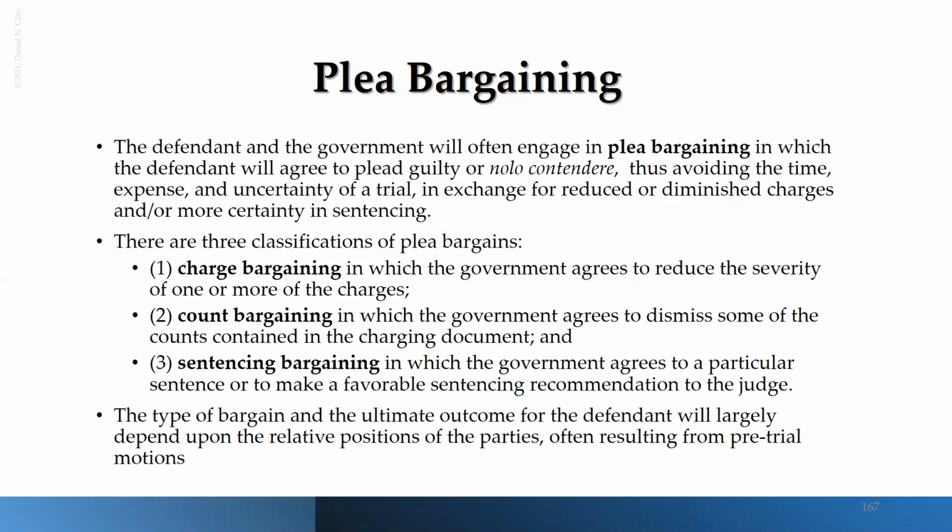That being said, what happens more frequently, because that's fairly rare, with sentence bargaining is the prosecution agrees that, if this person pleads guilty, maybe we engage in charge bargaining, count bargaining, and sentence bargaining, or just sentence bargaining, the government will agree to make a favorable sentencing recommendation to the judge. So if we both think, okay, 5 years in prison, that's what we both think is fair. This charge carries up to 15 years in prison, but we both agree that 5 years is what's fair.